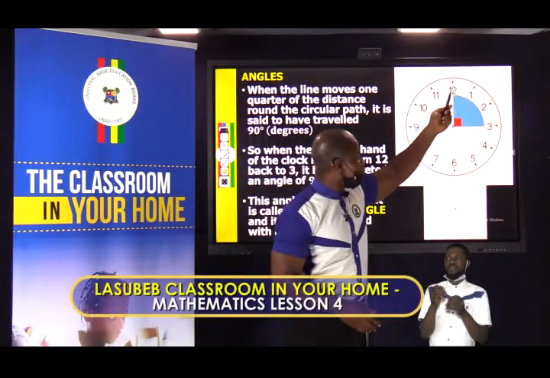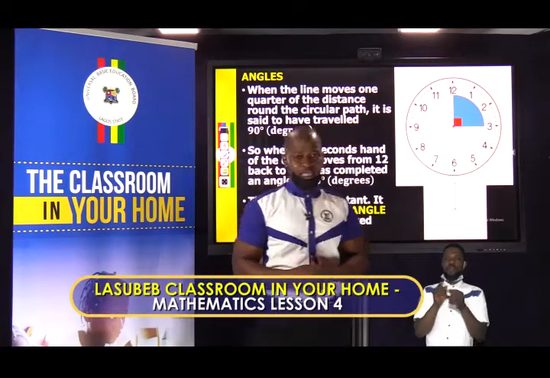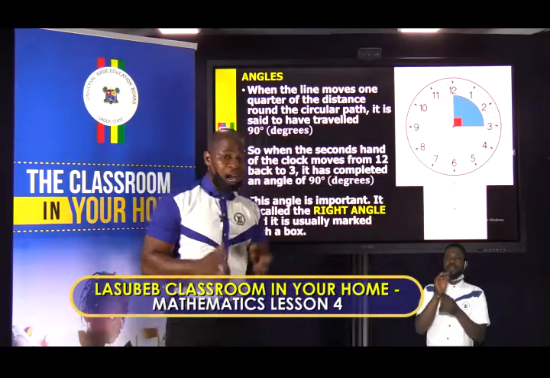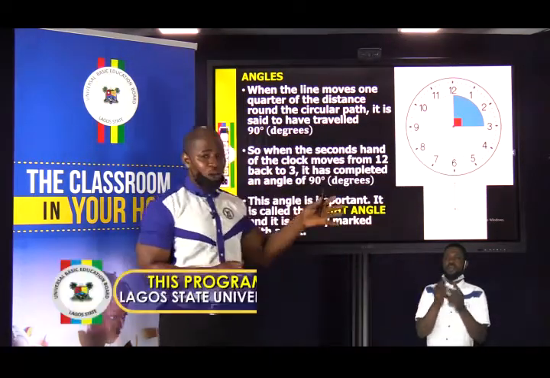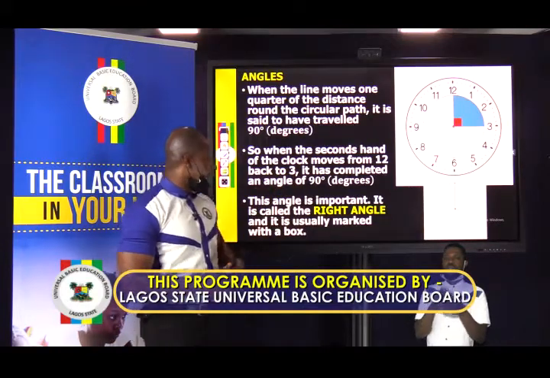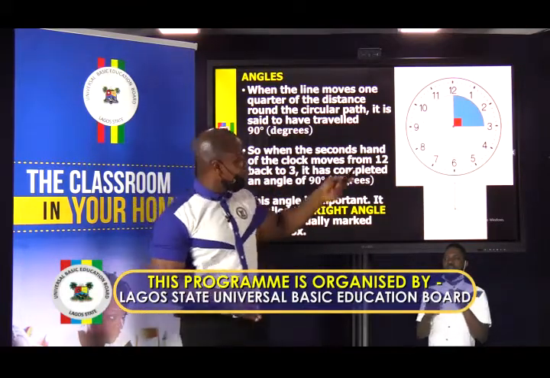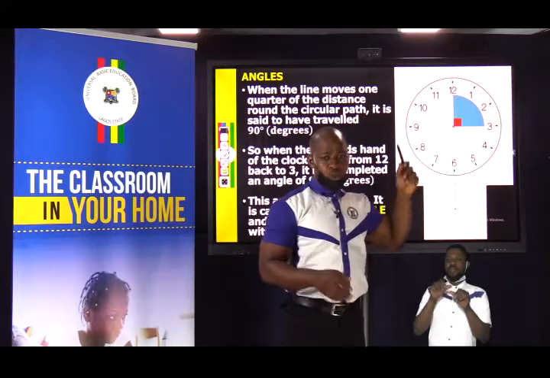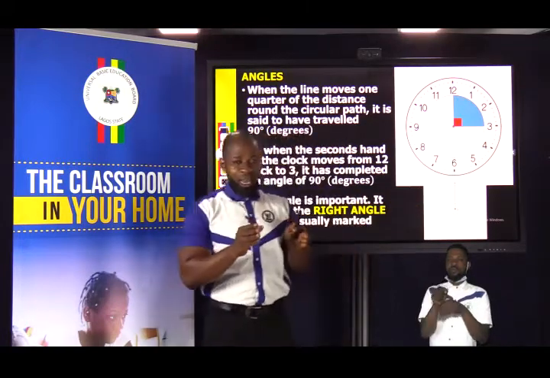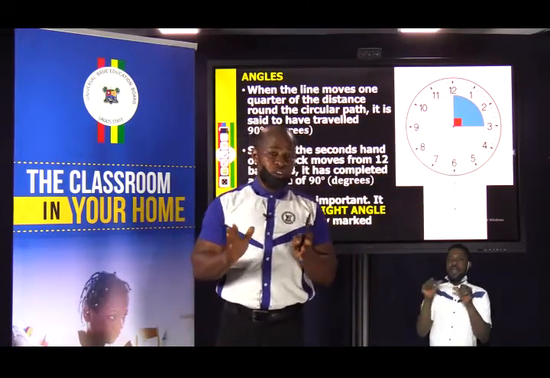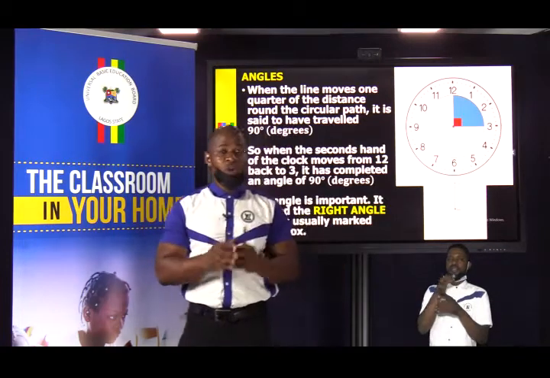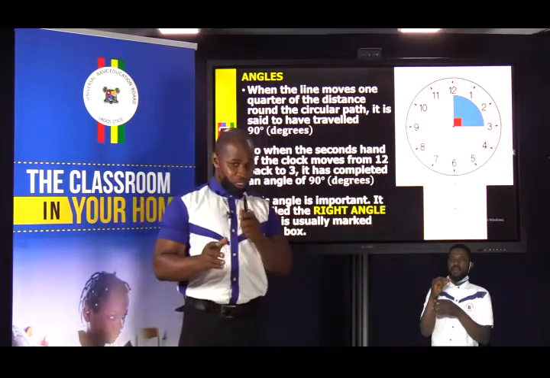The distance from this point to this point is 90 degrees, and this is a very important angle in mathematics. We call it the right angle, and usually the right angle is marked with a box. So if you see a box in any angle corner, just know that automatically that angle is 90 degrees.